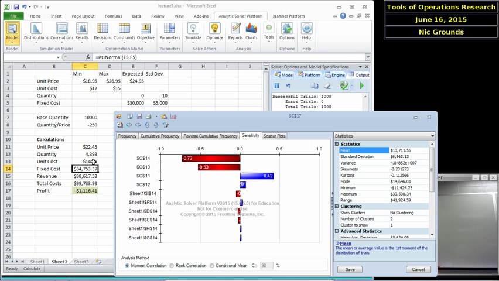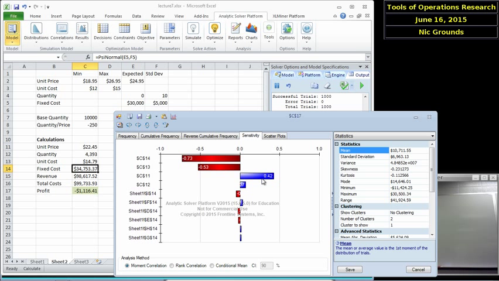It's interesting that the unit cost affects profit more than the unit price. Unit price is the third most sensitive, and they're not far off, 0.42 and 0.53 in terms of their effect. But technically unit cost drags down profit more than unit price brings it up. According to the simulation, changes to unit cost affect profit more on average than changes to unit price.